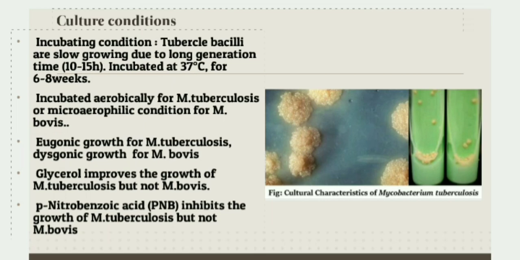Mycobacterium tuberculosis grows luxuriantly, or it has eugonic growth. Mycobacterium bovis grows sparsely, or we can say that it has dysgonic growth. Addition of 0.5% glycerol improves the growth of tubercle bacilli but not bovis. Para-nitrobenzoic acid inhibits the growth of tubercle bacilli but not bovis.